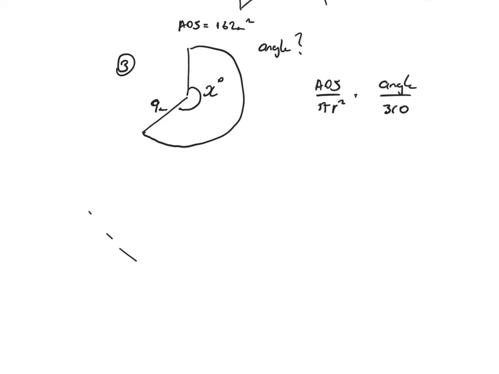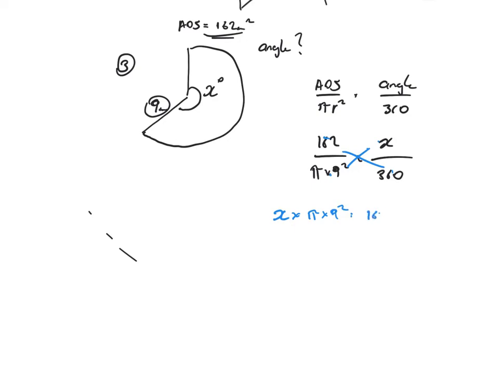So let's put things in. What's the area of the sector? Well, the area of the sector is 162 over pi r squared, so that's pi times 9 squared, is equal to the angle. Well, the angle is what I'm looking for. I'm calling it x over 360. Next move is to cross multiply. That times that equals that times that. x times pi times 9 squared equals 162 times 360.